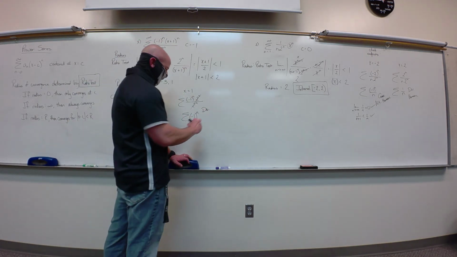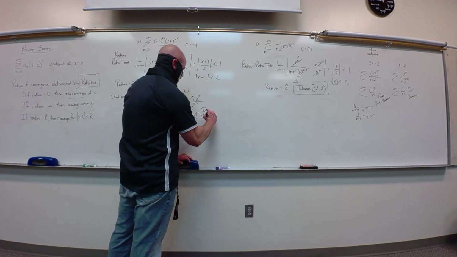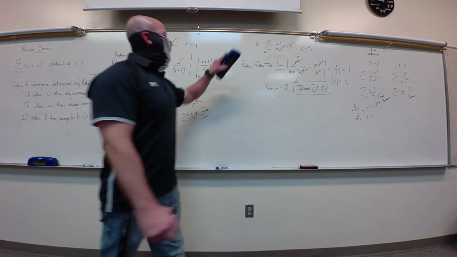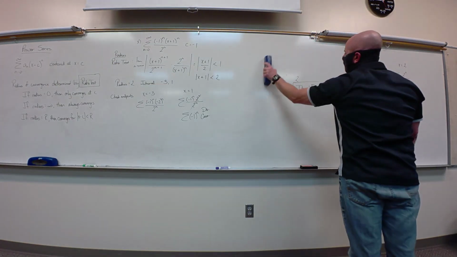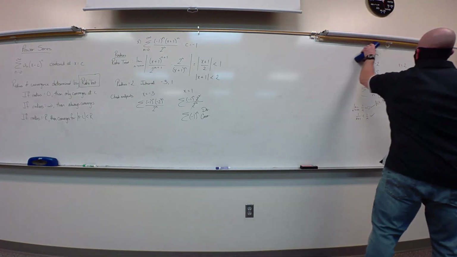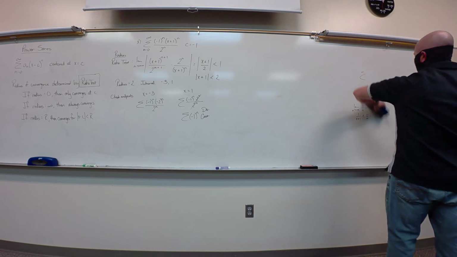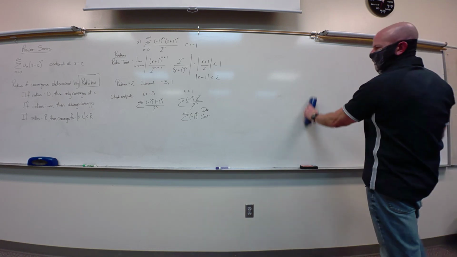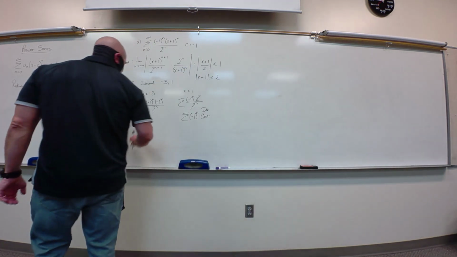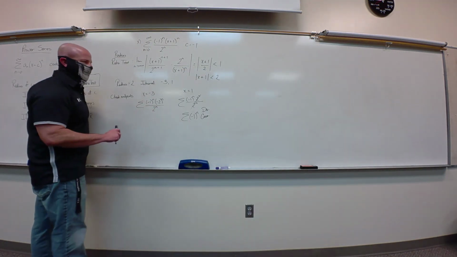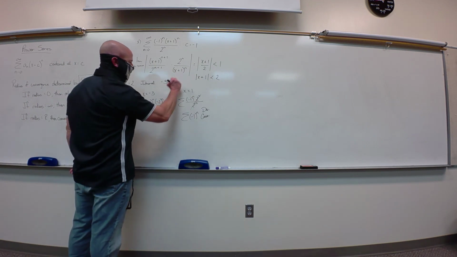Geometric. Because r would be 1. What else could you use there? Nth term test. That would work. Just got to review the different ones that we did. Okay, now this guy. Also, we said diverge, in parentheses there.